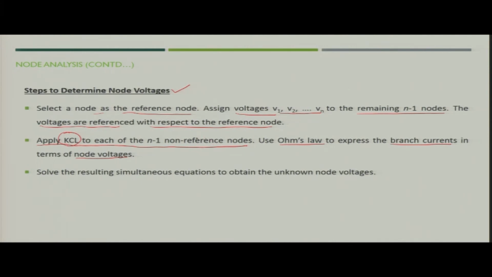Here you can write equations for all the non reference nodes, but while analyzing the circuit, you would be more concerned about the equations you write for principal nodes, because the equations for principal nodes would be solved first, then you can find the voltage values of the other non reference nodes. Now, you have to solve the resulting simultaneous equations to obtain the unknown node voltages. So, these are the three major steps you will follow when you have to find the node voltages.